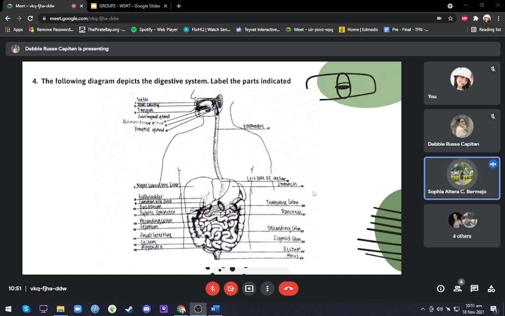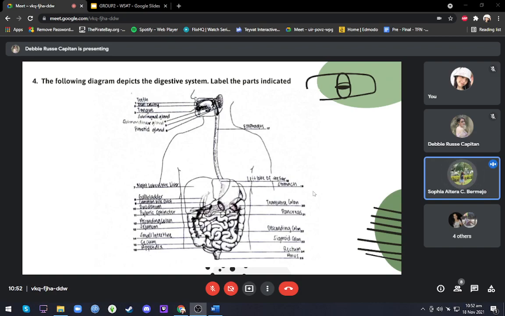This number 7 is the right lobe of the liver. Number 8 is the gallbladder. Number 9 is the common bile duct. Number 10 is the duodenum. 11 pyloric sphincter. Number 12 ascending colon.